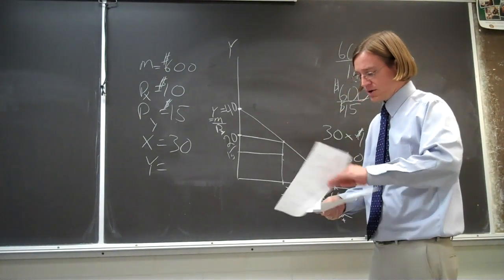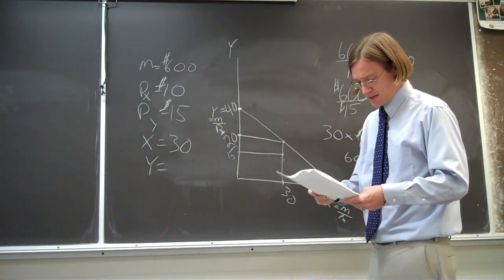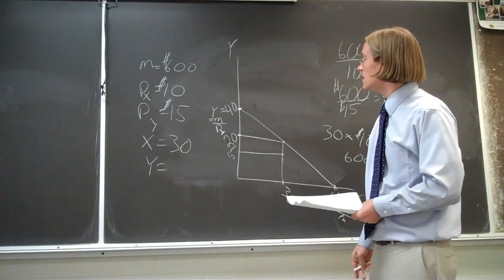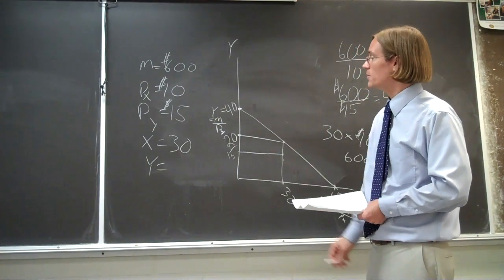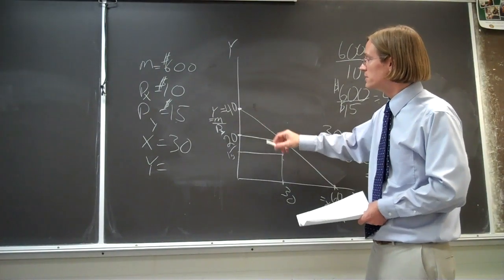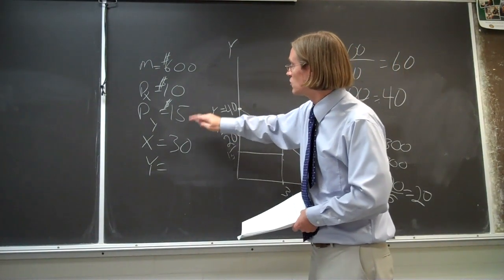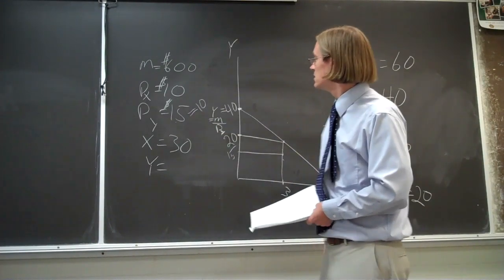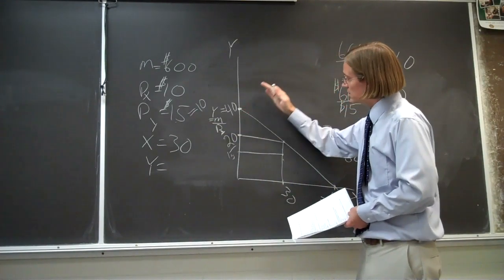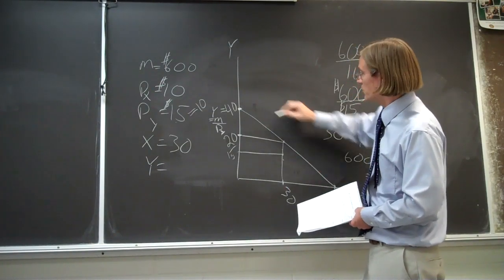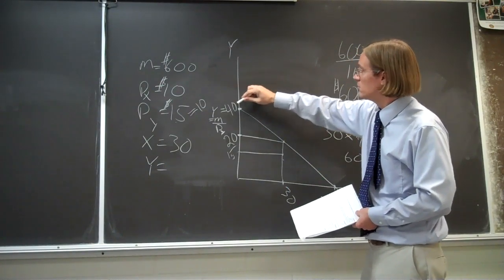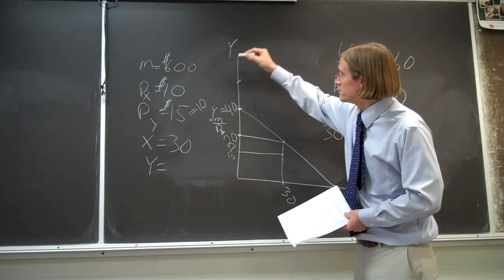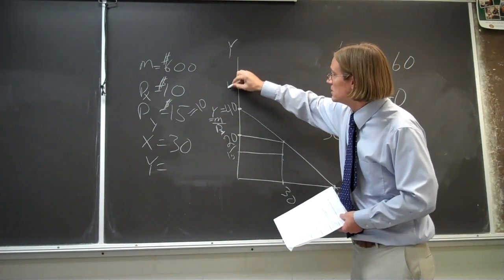What would happen now if there was a decrease in the price of good Y? If the price of Y drops to, say, 10, that's going to rotate this budget constraint. We would go from being able to purchase 40 units to being able to purchase 60 units.